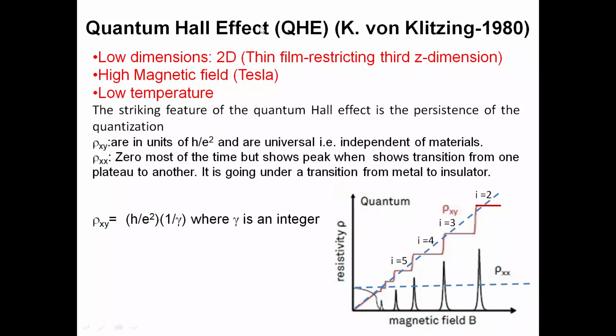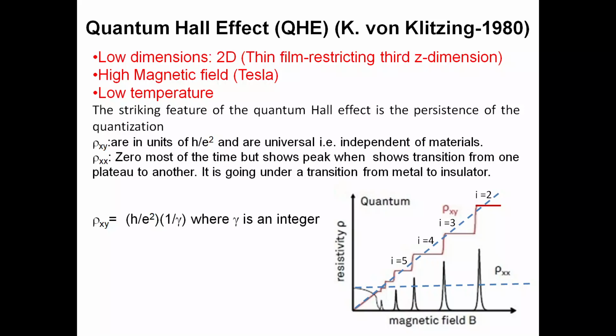So this effect was observed in low dimension systems. Low dimensions means 2 dimensions. 2 dimension is basically a thin film, meaning we are restricting the z direction. We have only 2 dimensions, x and y. In the z direction, the sample is very thin.